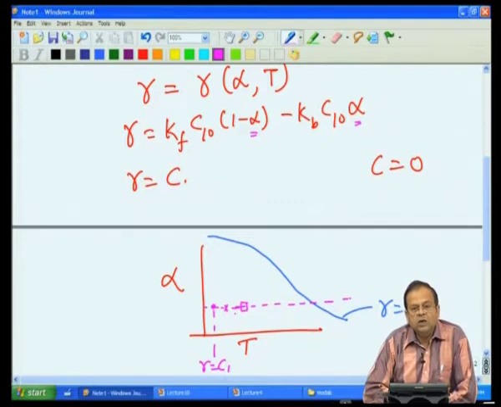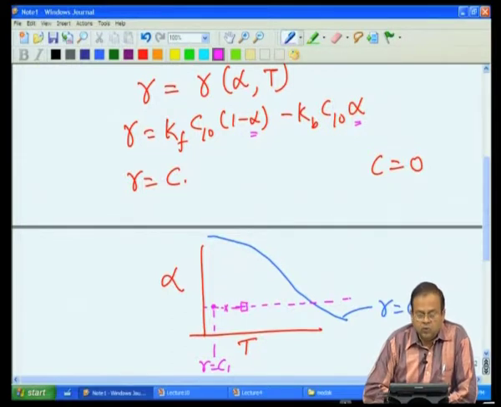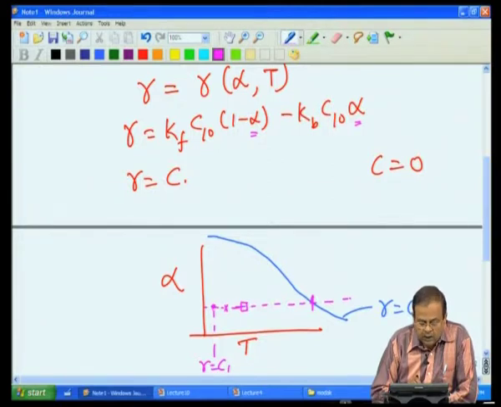Now, will this rate keep on increasing indefinitely? I know that at this intersection point my rate is 0. So, if I have started with a low value of rate and I am increasing it, at some point the rate must start decreasing so that it goes to a 0 value.